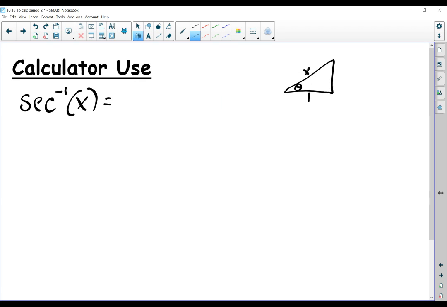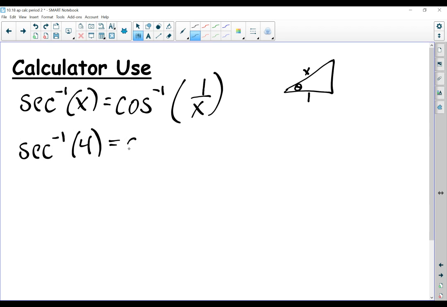That's the same angle that gives me a cosine of 1 over x. So I would just do the inverse cosine of the reciprocal. So for example, if I wanted to figure out the inverse secant of 4, I would just do the inverse cosine of 1/4.